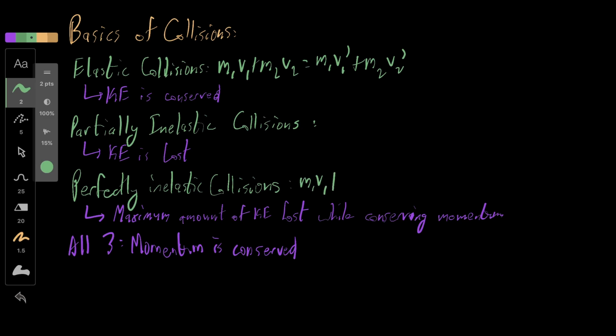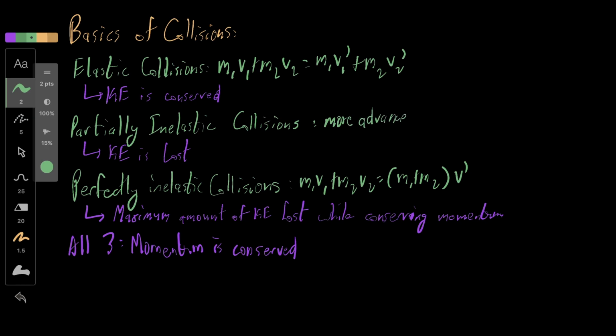So you'll have your m1v1 plus your m2v2, but then since the two objects are going to stick together, the masses combine, and then you just have one final velocity. Now, you might have noticed that I skipped the partially inelastic collisions. Well, that's because the formula is very complicated and more advanced.